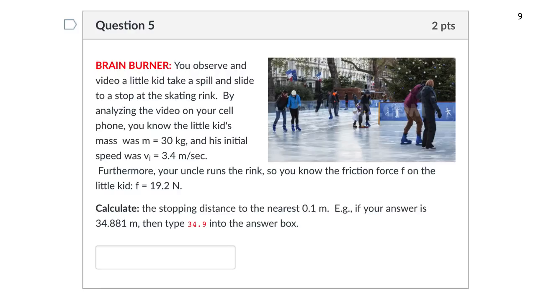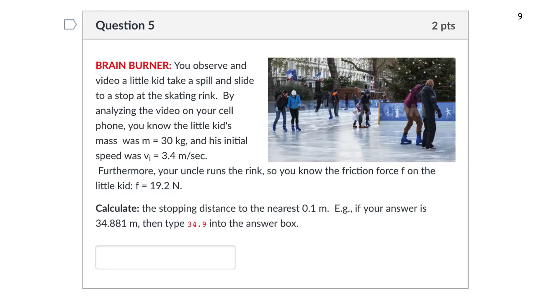And eventually this will not be a brain burner for you guys. You guys will be able to knock this one out of the park every time. But for this stage of the semester, it's a little bit trickier than stopping time. Now this one, I know some of you might be tempted to figure out a stopping time, but notice this one doesn't ask you for the stopping time, and that's nice.